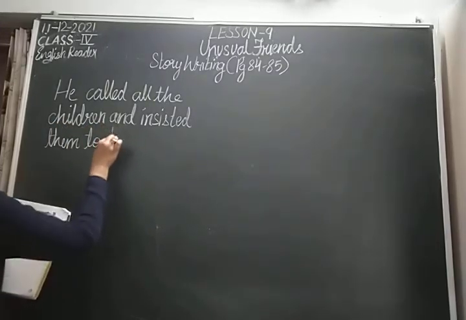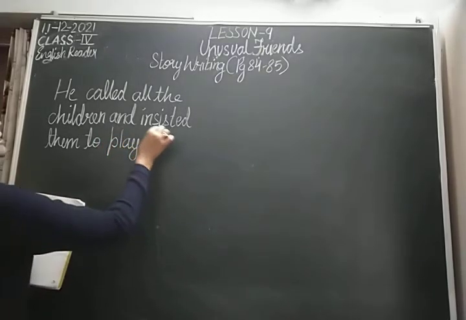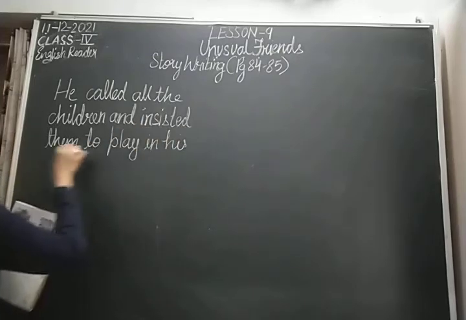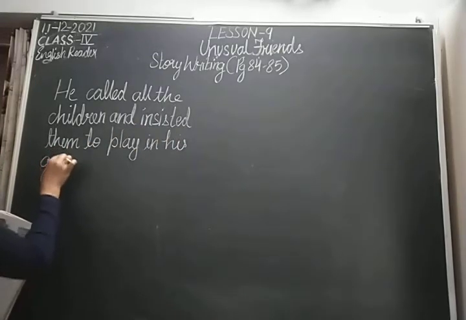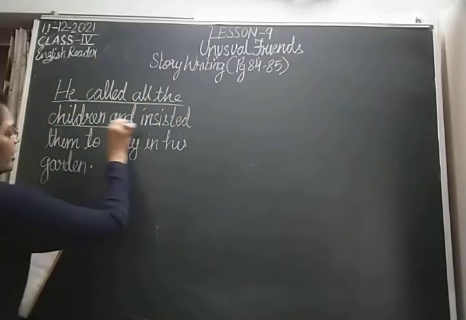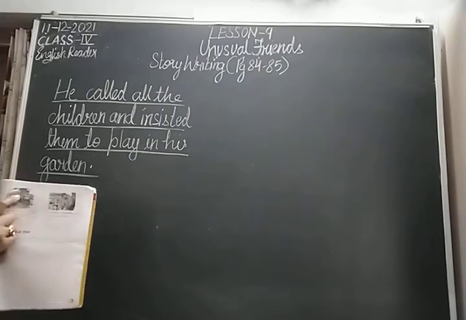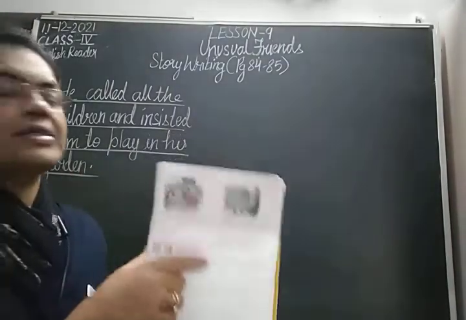There are 4 lines and you can easily write these sentences on the 4 lines given in your book, page number 85 below picture number 5. यहाँ पे आप ये lines लिखो.